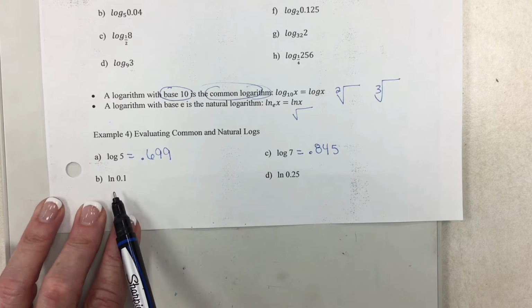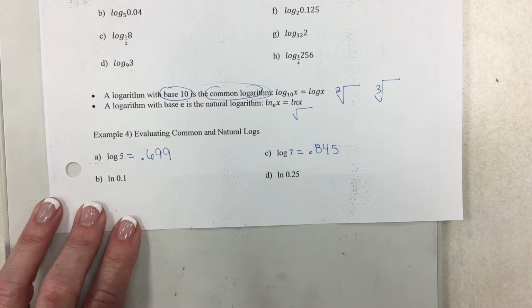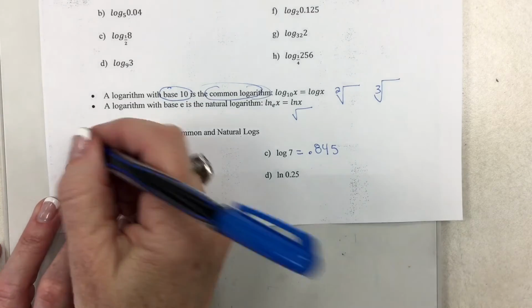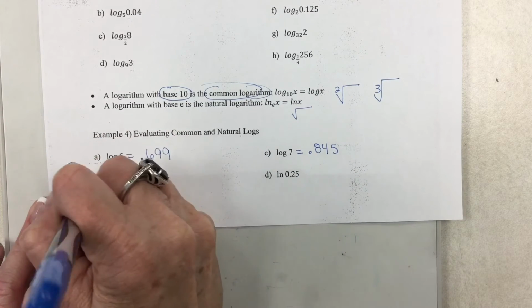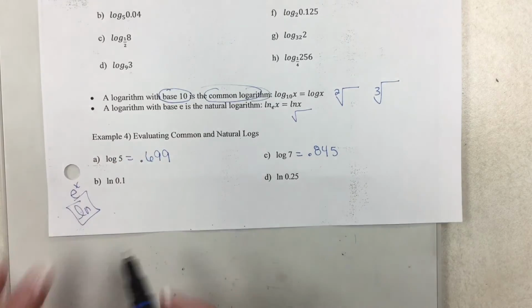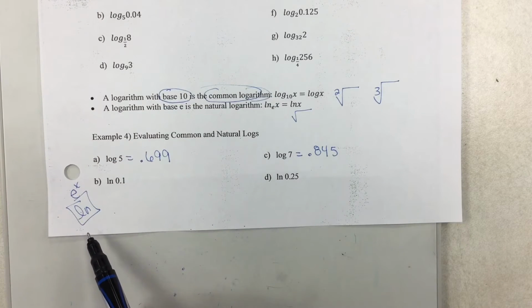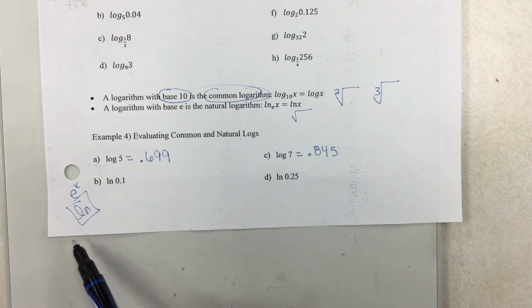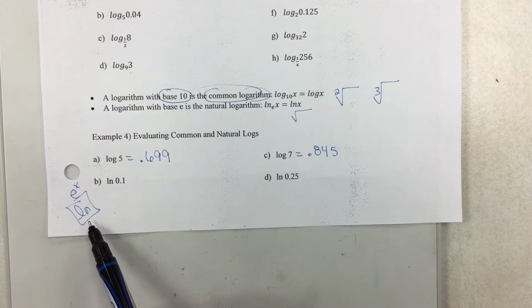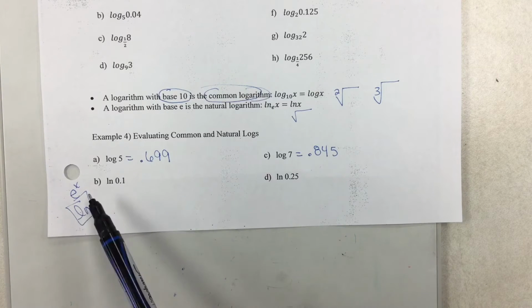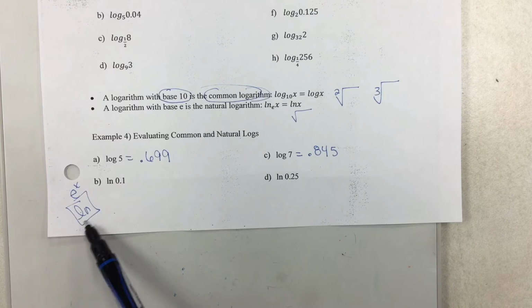Now, we've been playing around with this ln button to get to our e to some power button, because typically the e to some power is right above the ln button. Okay? Ln stands for natural log. It's the ln meaning natural log.